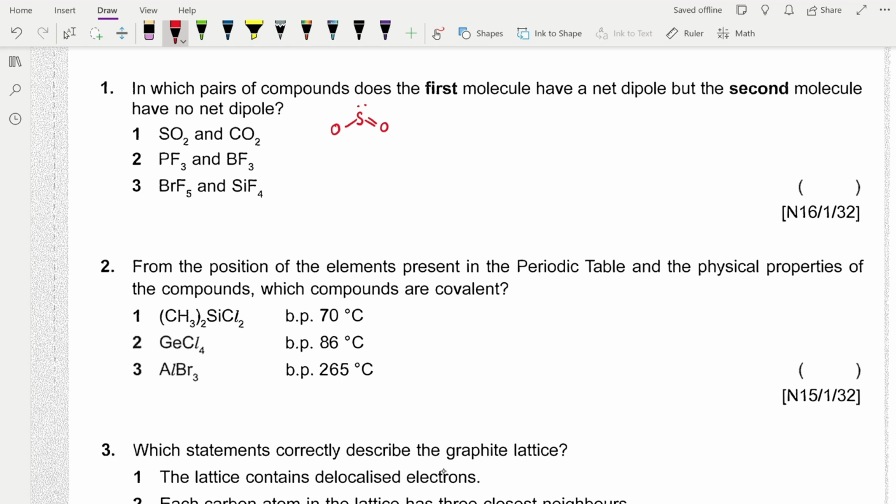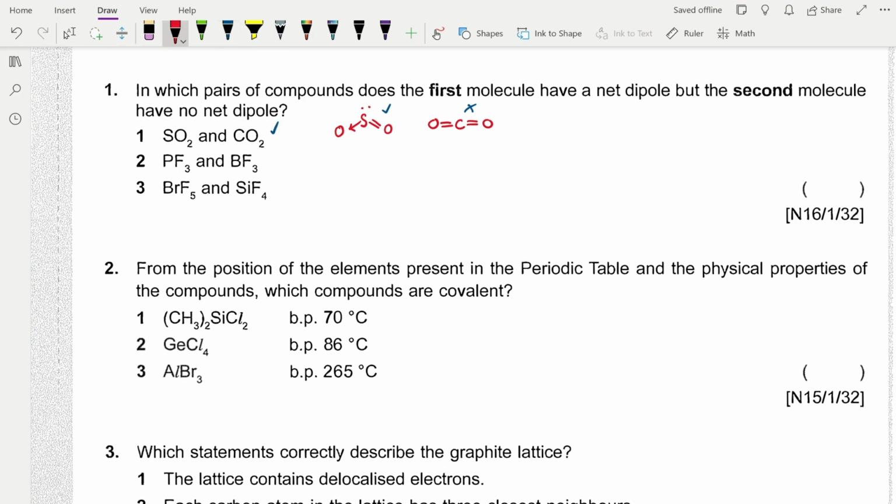So this is actually a dative bond there. And carbon dioxide has a linear structure like this. So the first molecule does have a net dipole because it's not symmetrical. But the second molecule does not have a net dipole.